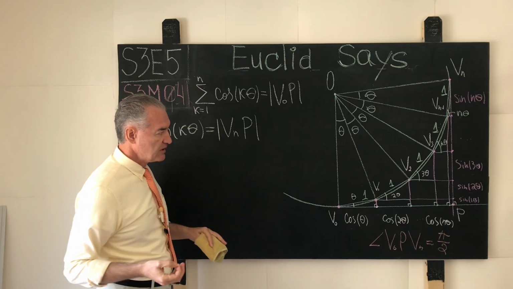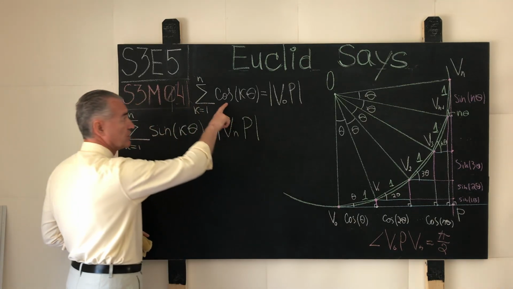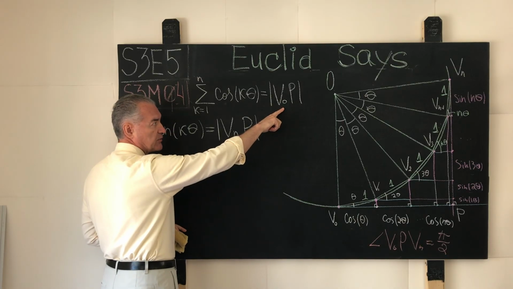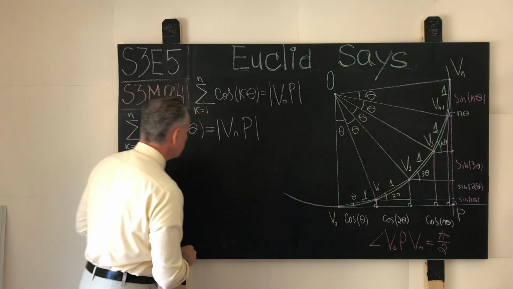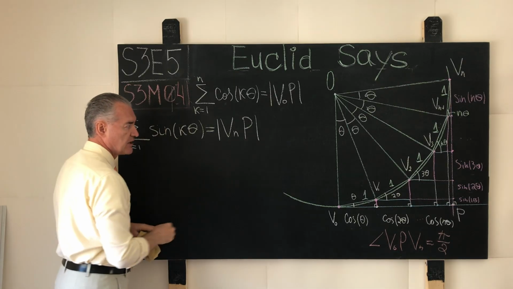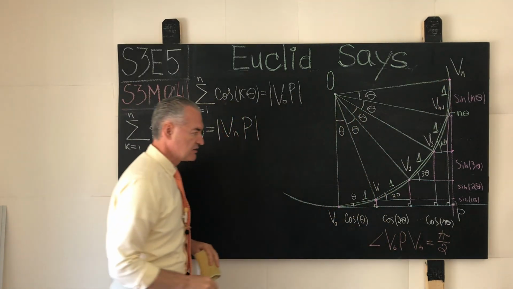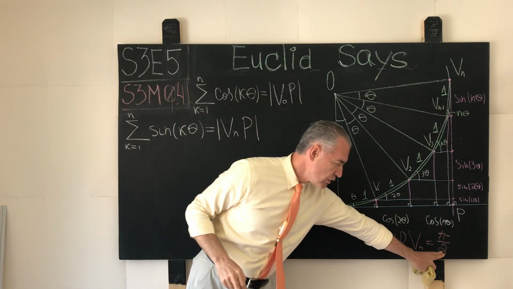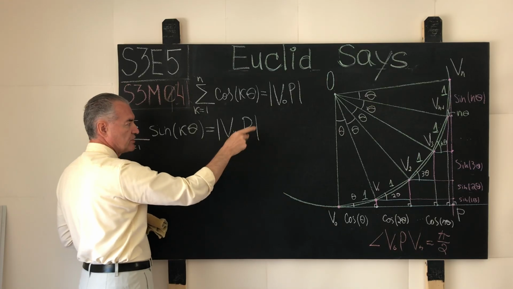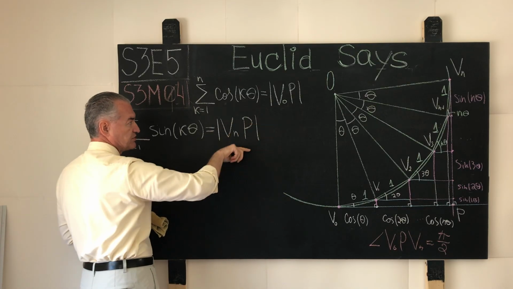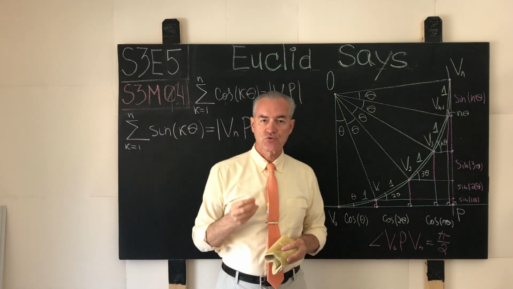And what do we have now? Well, I will take a short break, but for you guys, it's a small quiz. If our sum of cosines, shown over here, is represented by the length of the line segment V0P from here to here, and if the sum of our sines of k theta is represented by the length of the line segment VnP, this guy, and the angle between these straight lines V0P and VnP is right, is pi over 2, in order to deduce the alternative expressions for our sums, because in a way we already solved the problem, we just do not know it yet, but in order to represent these guys in terms of the locally available material, what would your next maneuver be if you were to solve this problem that way?